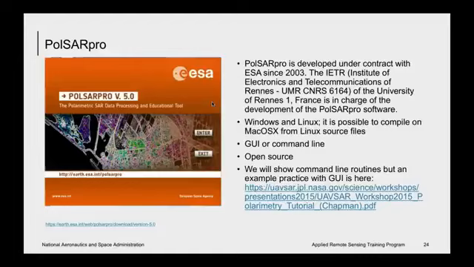It's available for Windows and Linux, and you can also compile it on Macintosh using the Linux source files. That's what I do. And you can use a graphic user interface or a command line interface. And today I'm going to use the command line interface because I work on a Macintosh.